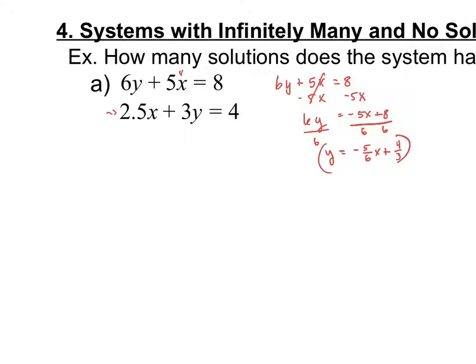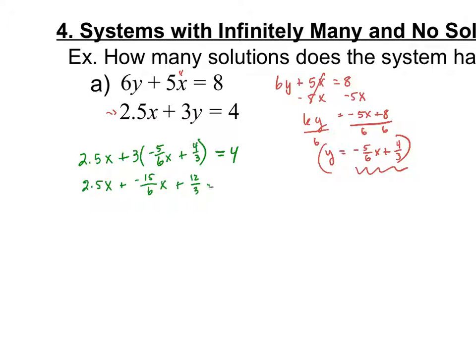And I can do some substitution for y now. I have a value for y. So that would give me 2.5x plus 3 times negative 5 over 6 x plus 4/3 is going to be equal to 4. Oh goodness, that's a lot here. 2.5x plus negative 15 over 6 x plus 12 over 3 is equal to 4.